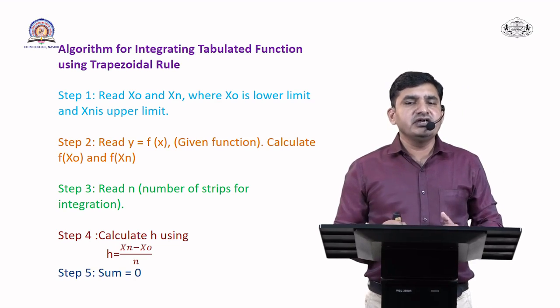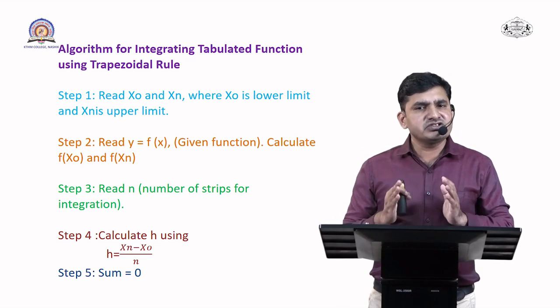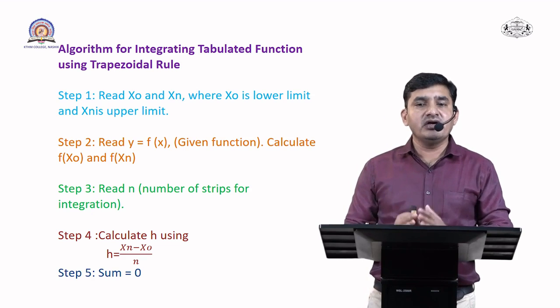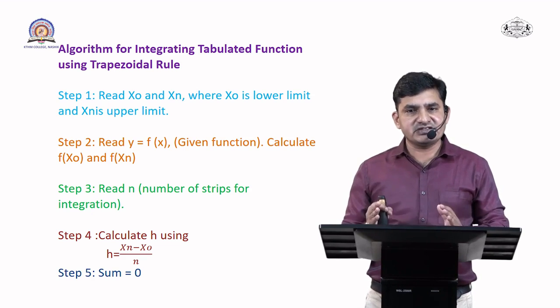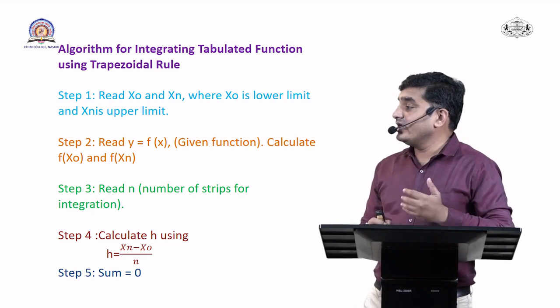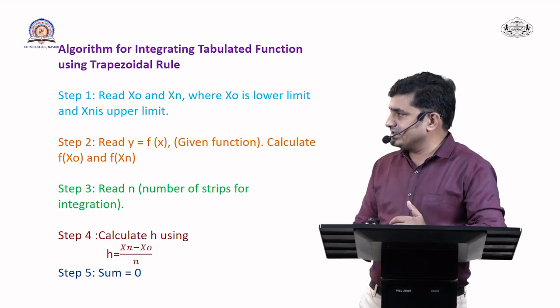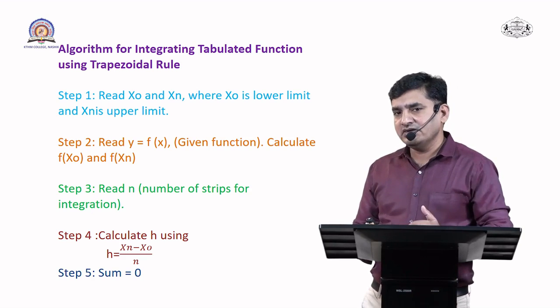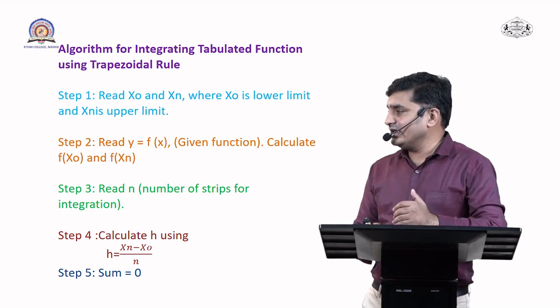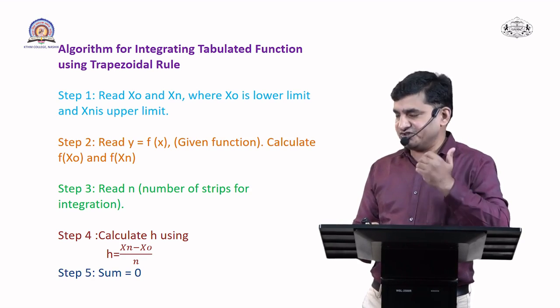Then calculate the step size. The step size can be found by using the formula h is equal to xn minus x0 divided by n, where xn is the upper limit, x0 is the lower limit, and n is the number of strips.